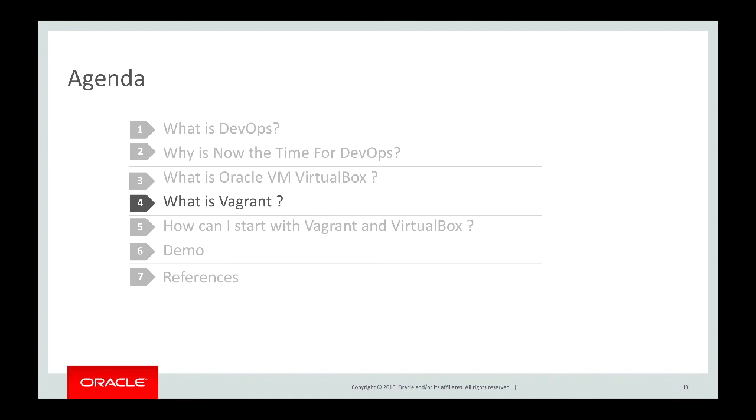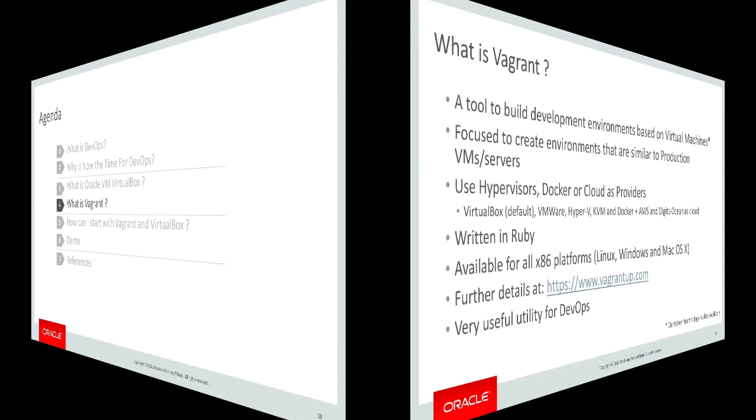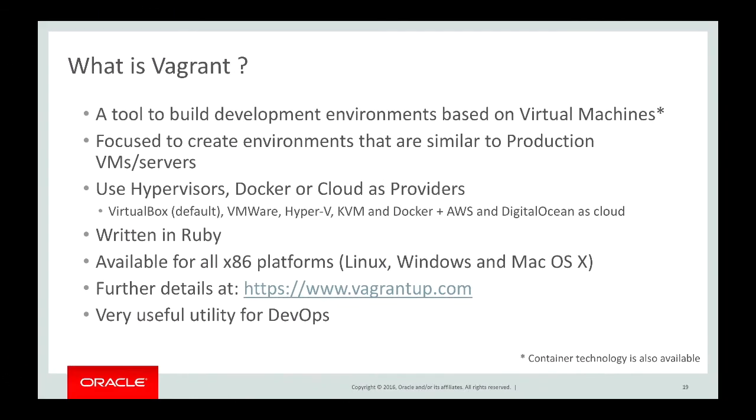That said, I'm now going to give you a brief overview of the other piece of software to build this DevOps environment, Vagrant. So, what is Vagrant? Vagrant is a tool to build development environments based on virtual machines. It's focused on creating environments that are very similar to production VMs or servers.